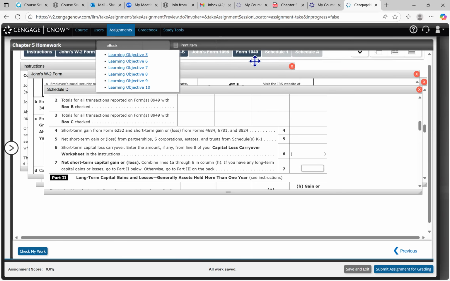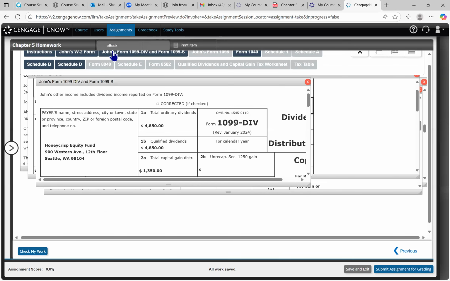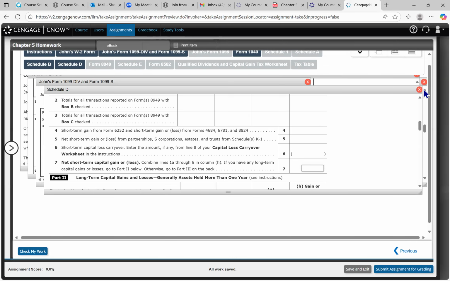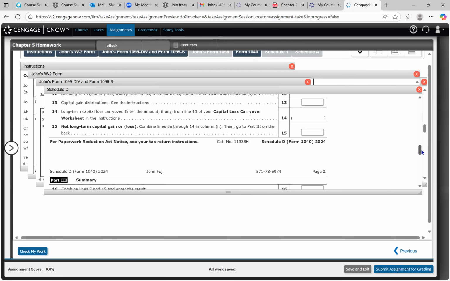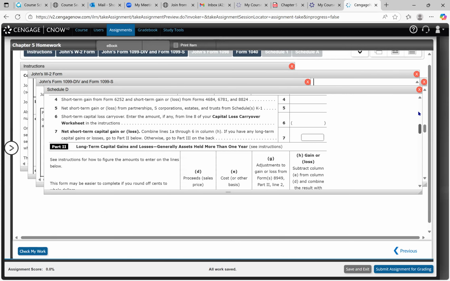Oh my gosh, I can't even remember it in 1 second here. 1350. Sorry about that, guys. So the 1350 will go right here. And this is where the capital gain distributions from mutual funds will flow in.